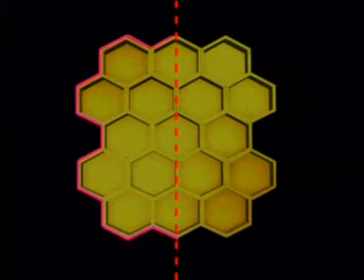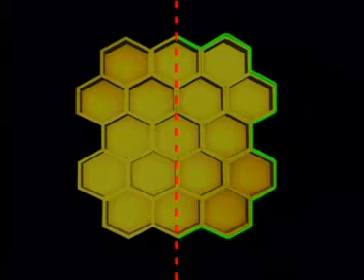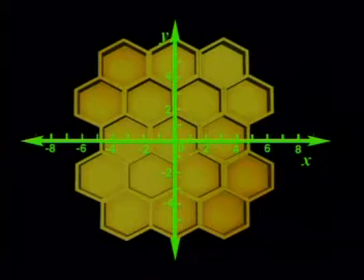Have a look at this honeycomb. What transformation can be seen in this pattern? This is an example of line or reflective symmetry. Can you see where the line of symmetry is? And what is the name of the line of symmetry in this particular example? This line of symmetry is the y-axis.